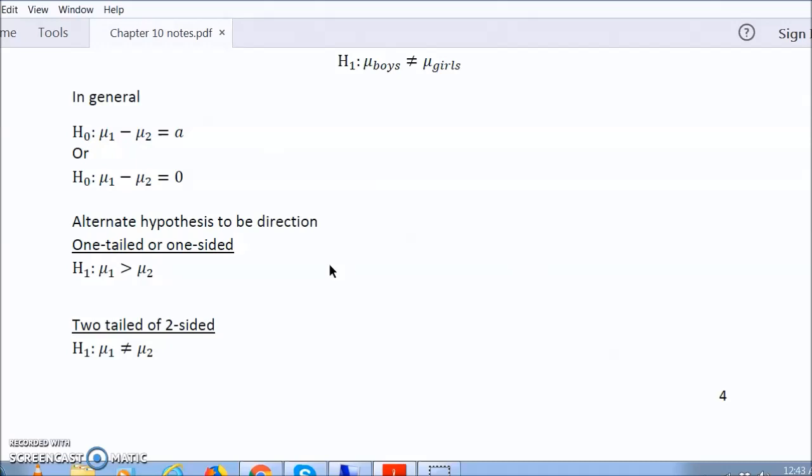Remember how our alternate hypothesis is what the researchers actually think should be the case. So in this case, if I say mu1 is greater than mu2, it means that the average height of boys is greater than the average height of girls.